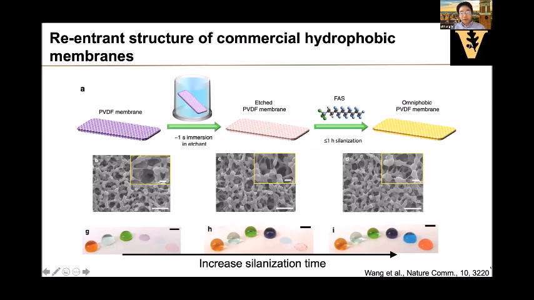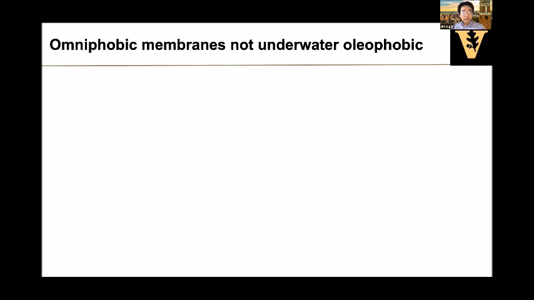So for example, in this paper from Professor Tong's group at Colorado State, they used a conventional hydrophobic membrane, etched the membrane, and then put some very long chain fluoro molecules on the surface, and they can achieve omniphobicity as well. So this gives a way to scale up fabrication of this membrane without doing something very complicated, such as nanoparticle coating.